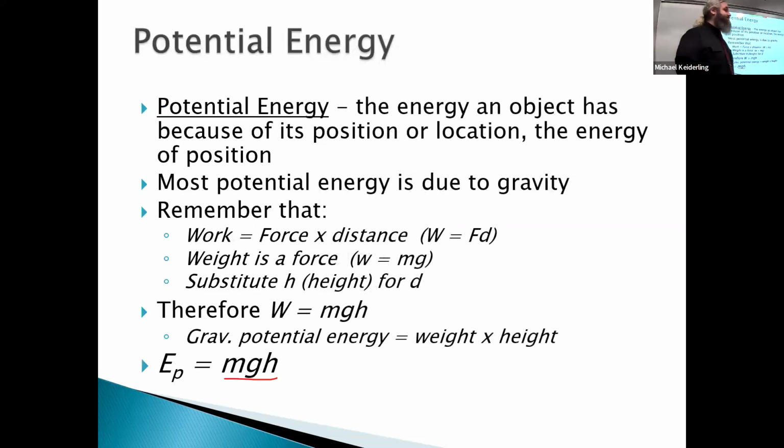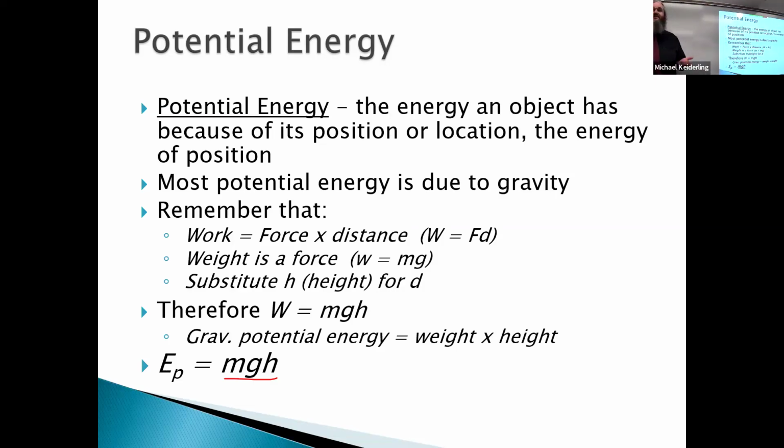Potential energy is the energy an object has because of its position, due to its position or location. It's the energy stored in position. So the energy stored in lifting something up, you store some energy in and you get it back out by letting that thing fall. Most potential energy is due to gravity. That's the only kind we're going to cover in this class.